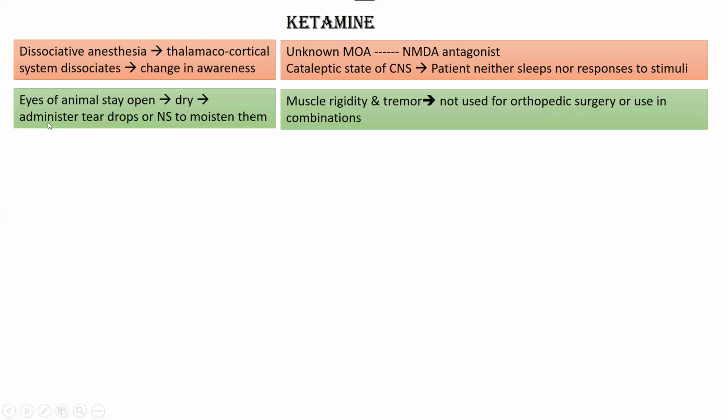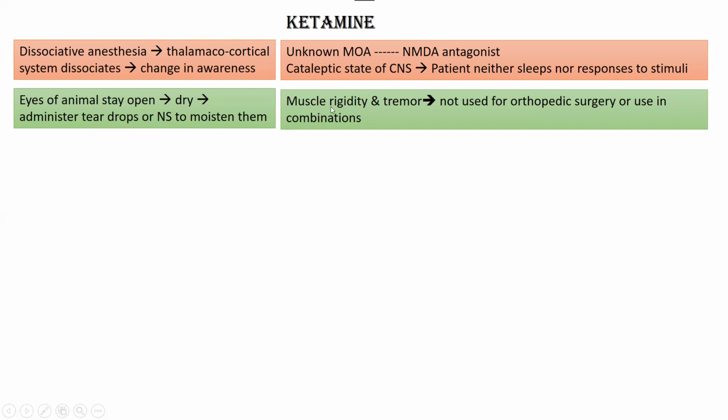So you have to administer the tear drops, which is a commercial preparation that is administered into the eyes, or normal saline if you don't have any such preparation available to moisten the eyes. So you can use normal saline.